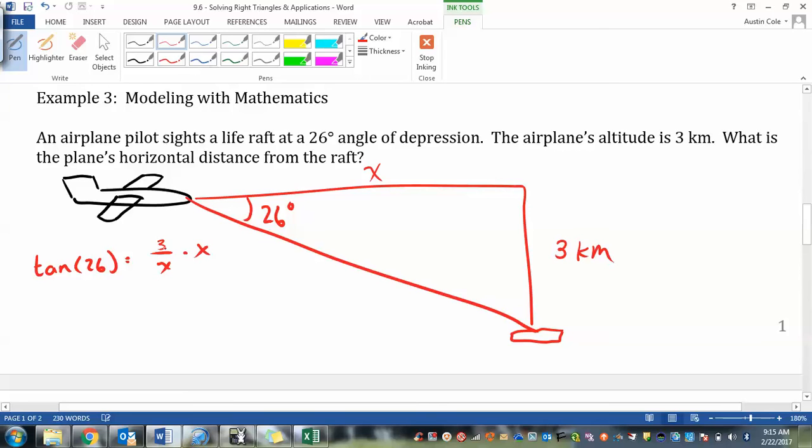I need to multiply both sides by x. X times the tangent of 26 equals 3. And then I need to divide both sides by the tangent of 26.